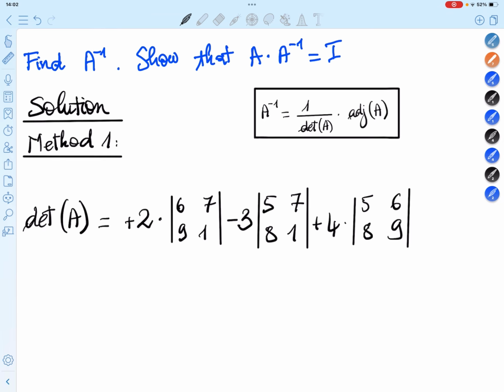Now this is basically a determinant. So how we're gonna do it, we're gonna multiply this, then we're gonna subtract the multiplication of this. So this would give me 2 times 6 times 1 would give me 6, minus 9 times 7, 63.